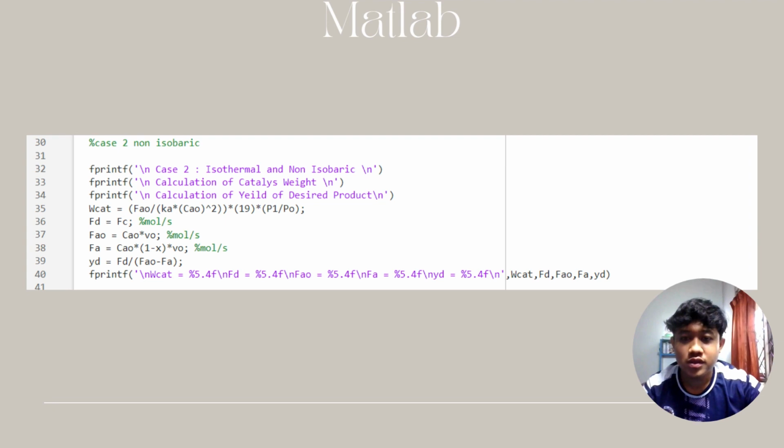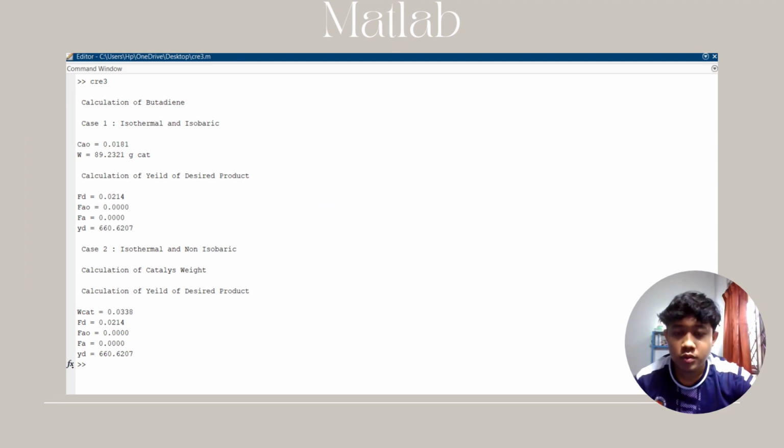For the next part, case 2, which is non-isobaric, first we insert the printf for the title and then we insert the new W formula, where we add P1 over P0 to the formula, and finally at the bottom we insert printf to print out the answer. After we run the program, this is the answer that we get for the calculation.